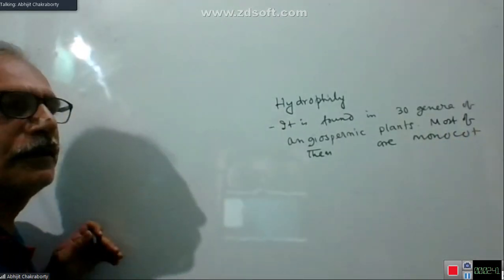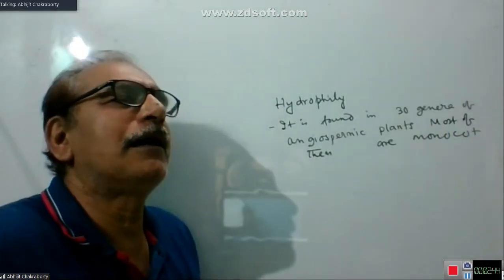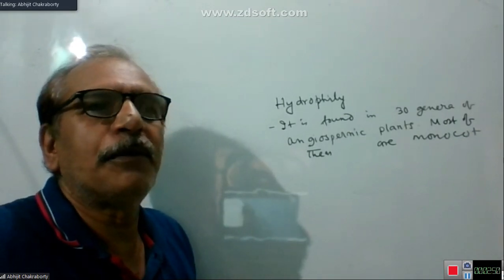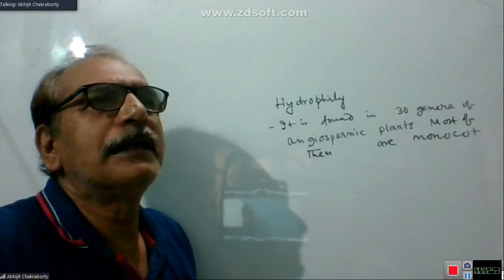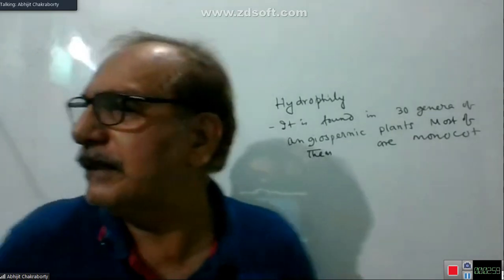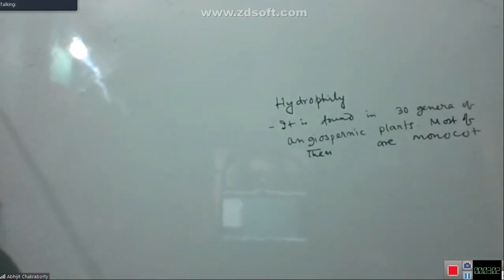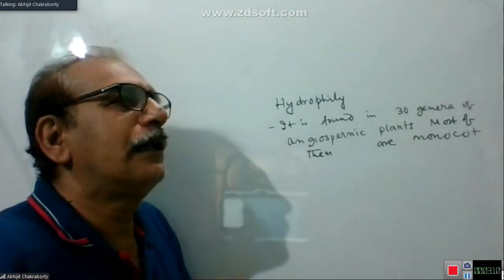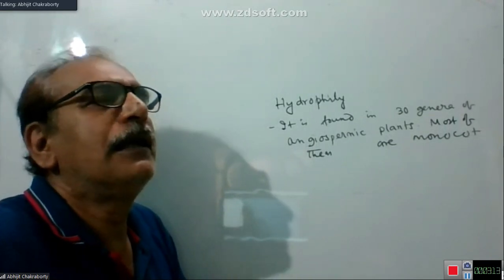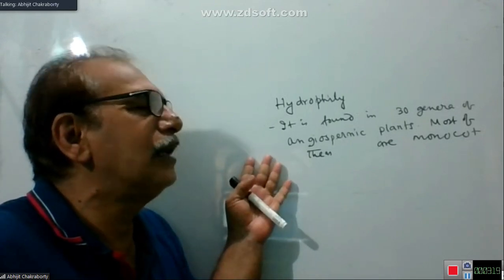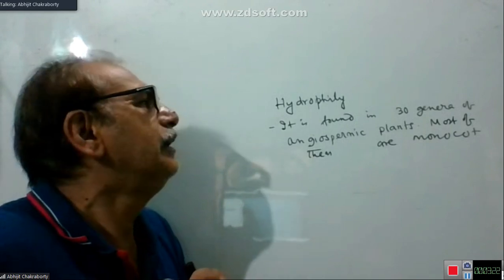Basically, water dependency is very rare in angiosperms, because they do not depend on water for fertilization like algae, bryophytes, and pteridophytes. Water dependency for fertilization is found in algae, bryophytes, pteridophytes, but generally not in angiosperms. So it is only in about 30 genera of flowering plants that you will get hydrophily.